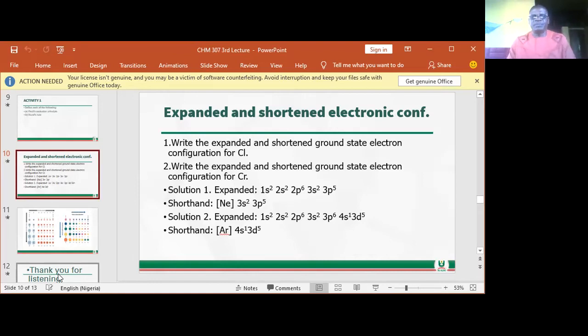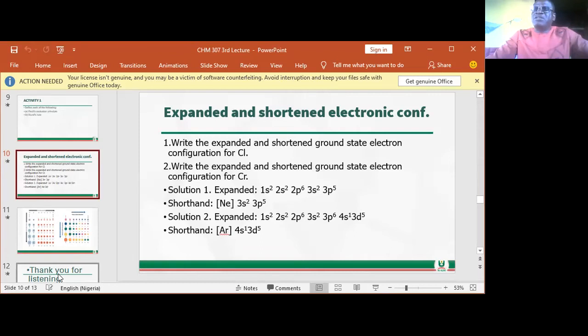I'm sure some of you will ask the question, why not 4s2 and 3d4? The reason is that there is stability in half-filled orbitals. By half-filled here, that is the 3d5. The d orbital, by having 5 electrons, is more stable.